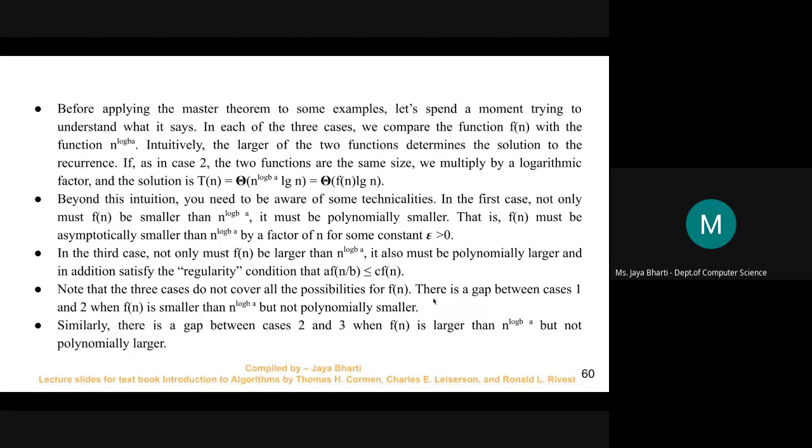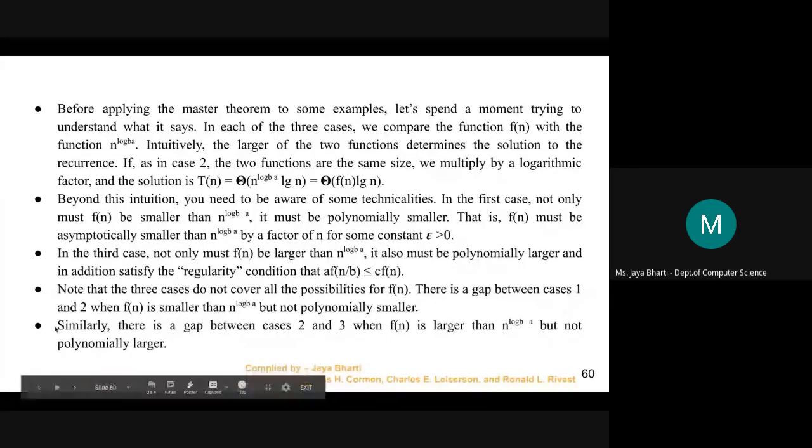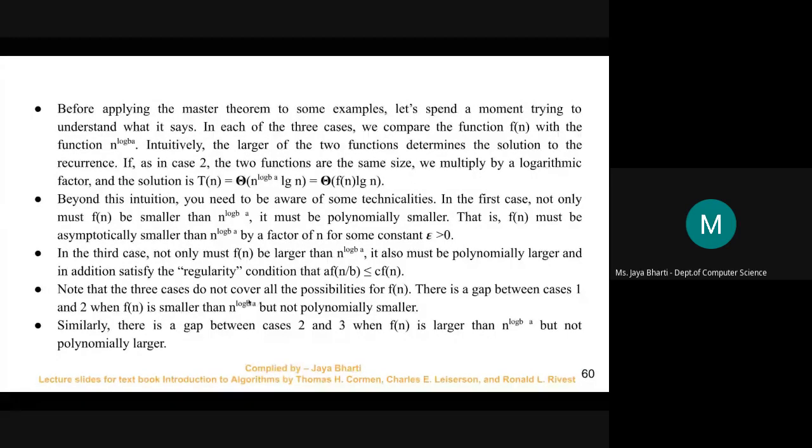You can see there is a gap between case 1 and case 2 when f of n is smaller than n to the power log a base b, but not asymptotically or polynomially smaller. It is smaller, but not polynomially smaller. If this is the case, then you cannot apply the master method.